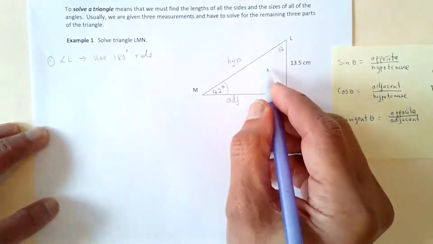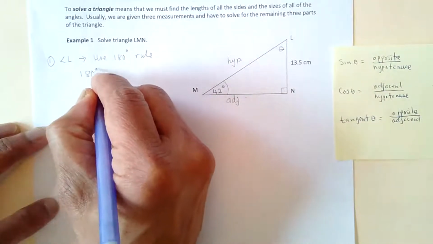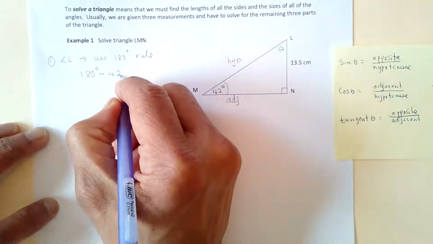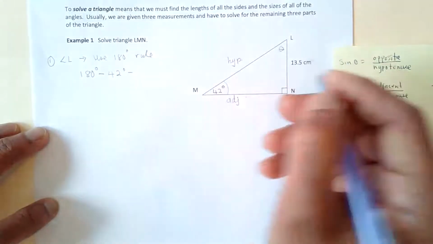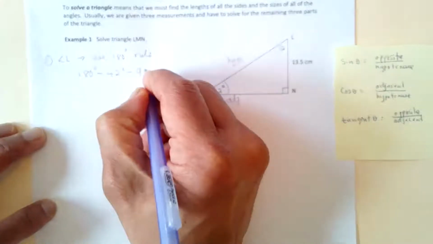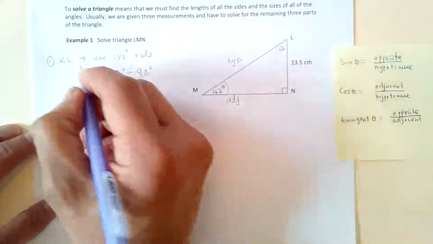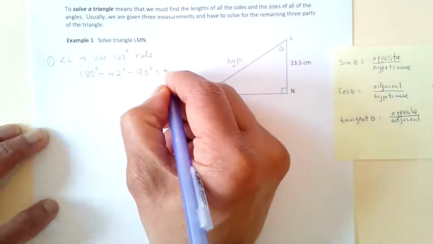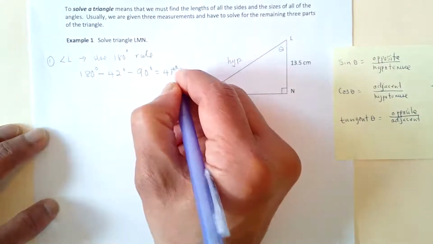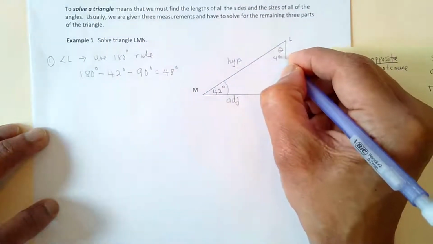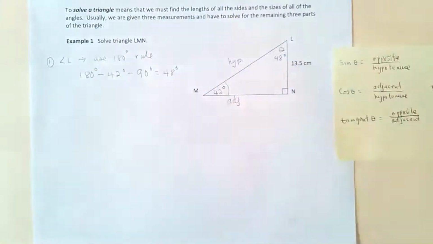So in this case, we have 180 degrees minus 42 degrees minus our 90 degrees here. And all together, this will give us an angle of 48 degrees. So we can say this is 48 degrees.